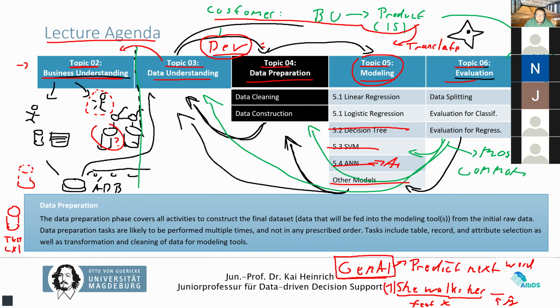It's obvious. Let me give you another example. She walks. We want to predict that one. Another example. She. We want to predict that one.